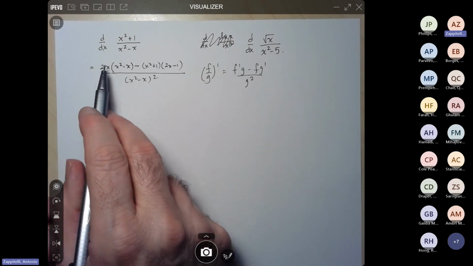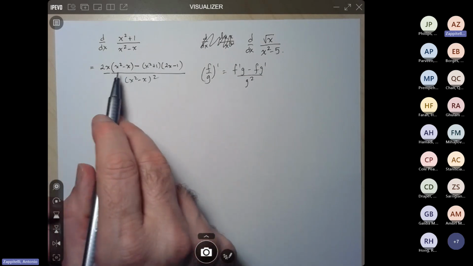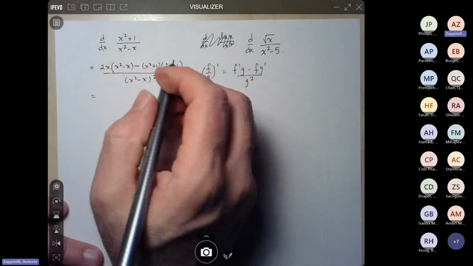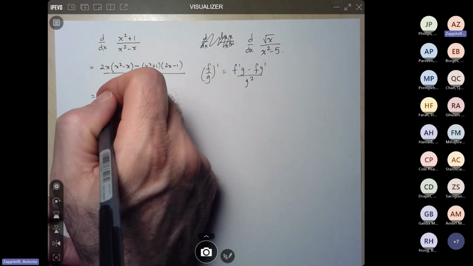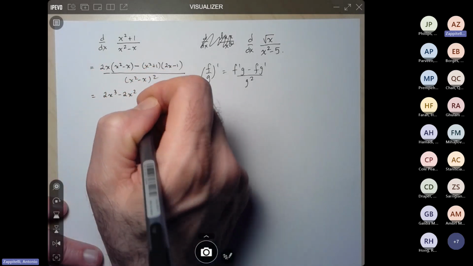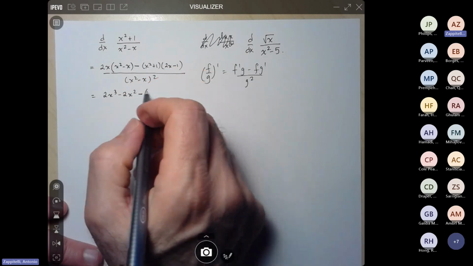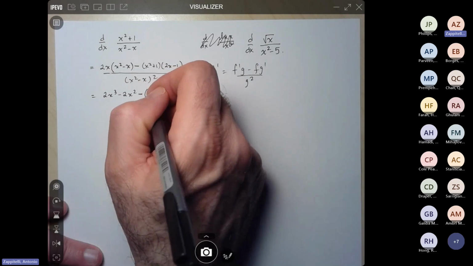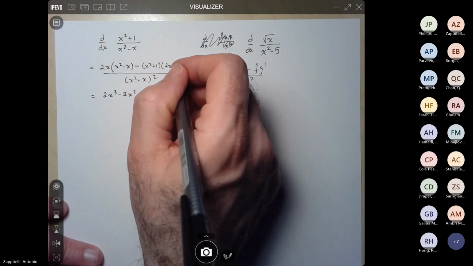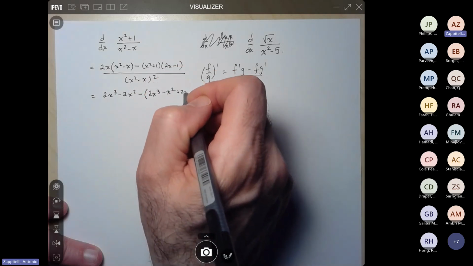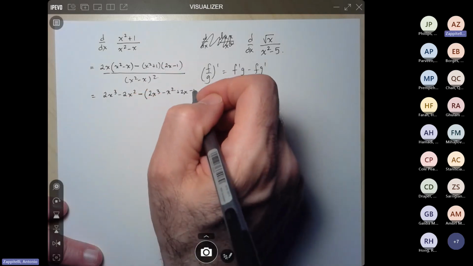But of course, if I need to actually work with this derivative, I should simplify it. So let's simplify the numerator. Let's distribute here: 2x cubed minus 2x squared, minus, make sure you put brackets here, let's distribute this, x squared times 2x cubed minus x squared plus 2x minus 1.